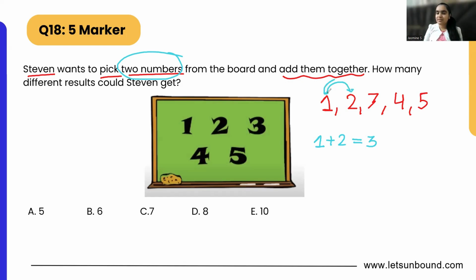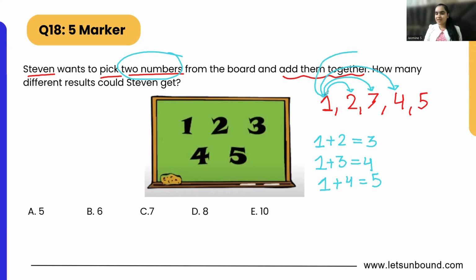Now let's say Stephen is picking 1 and 3. So that will give us the result as 4, correct? The other option can be 1 and 4. Let's say the 2 numbers which Stephen is picking are 1 and 4. So that will give us the sum as 5.